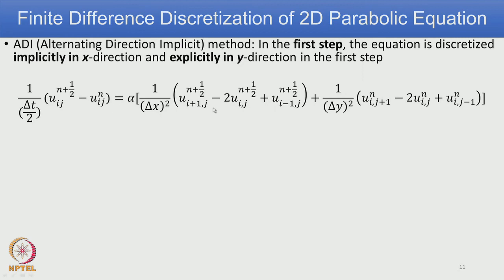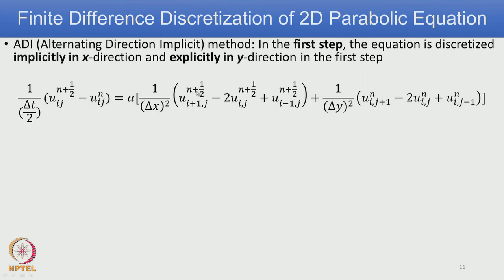All the quantities corresponding to the derivative in the x direction, dou squared u by dou x squared, the scheme is central in space. So, you get i plus 1, i and i minus 1 as subscript, but it is implicit in time. We are evaluating at n plus half, and that n plus half appears in the spatial derivative term, that is why it becomes implicit in x direction.